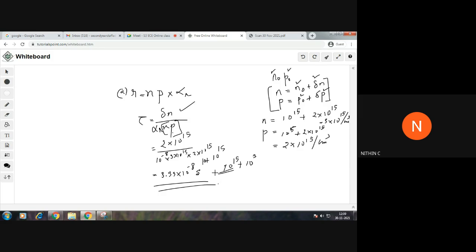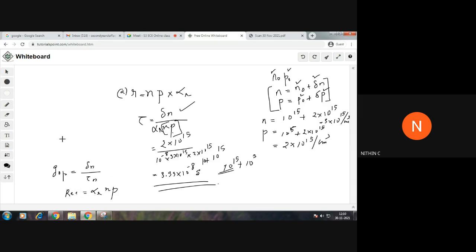So in this question we used these expressions. You just focus on that. G_op is equal to delta n by tau n, or you can say delta n is equal to G_op into tau. This is one expression. Then the recombination rate expression is alpha r into n into p, where n and p are the new concentration values, that is, the concentration values with the excess carriers added.